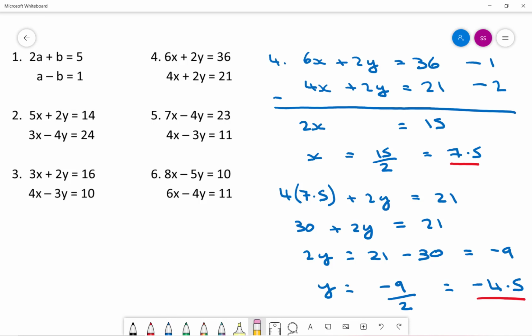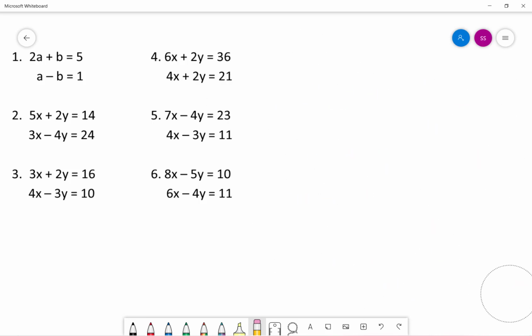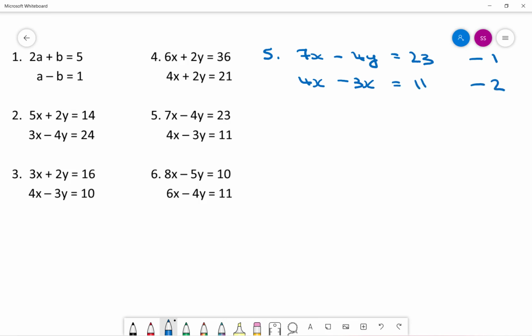Okay, let's move on and do number 5. So for question 5, we have 7x minus 4y equals 23. And for equation 2, we have 4x minus 3y equals 11. Well, once again, it's not overly apparent which one we're going to pick on, the x's or the y's.